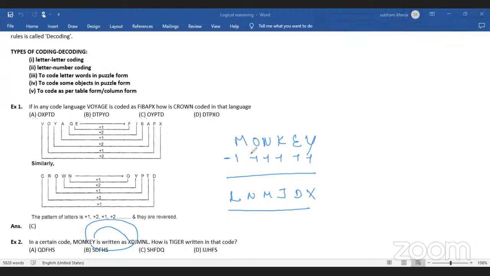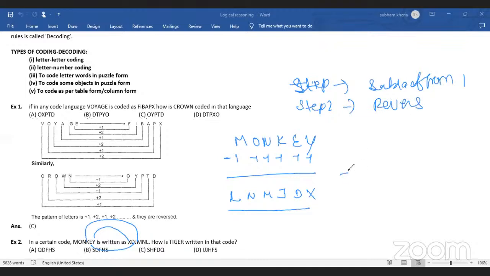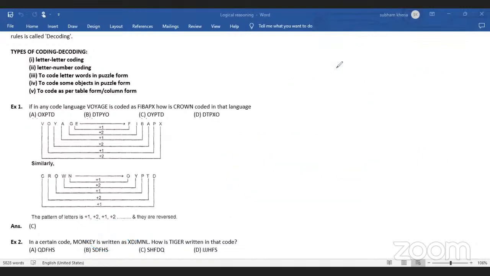This means what you did has 2 steps. Step 1, subtract 1 from all. Step 2, reverse. The answer became X D J M N L. Similar logic will apply.